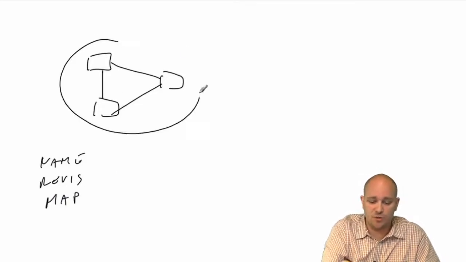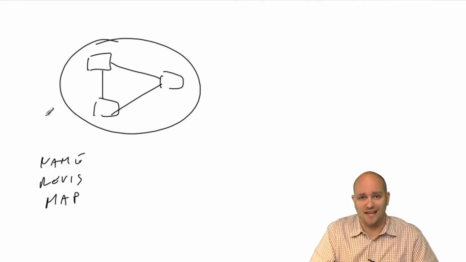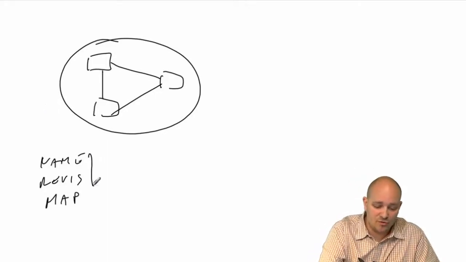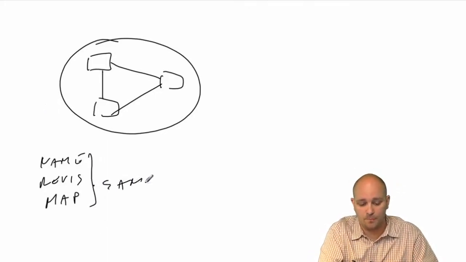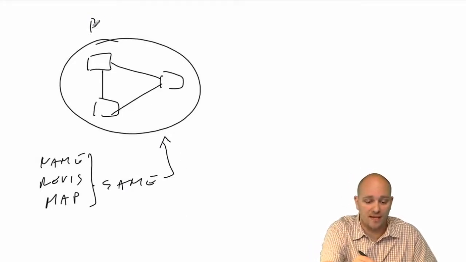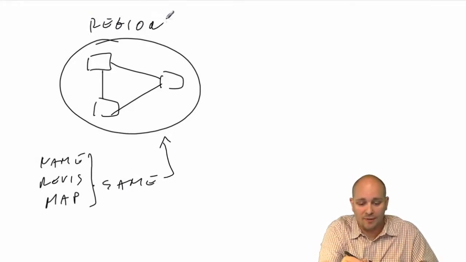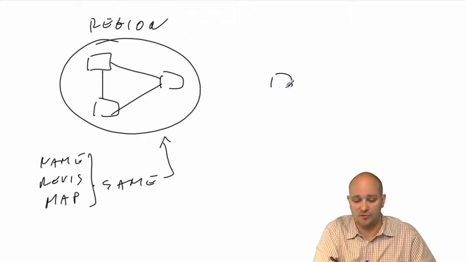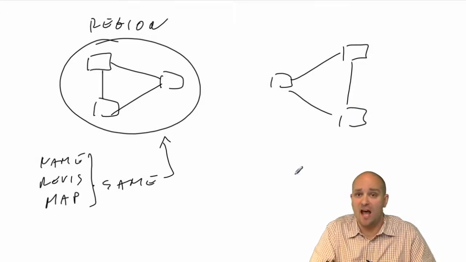So let's say that these switches belong to the same MST region. If these three are the same, we can say that these switches belong to the same MST region.